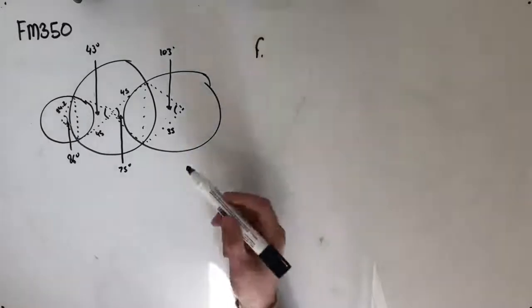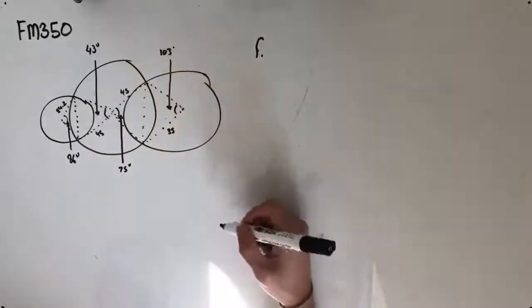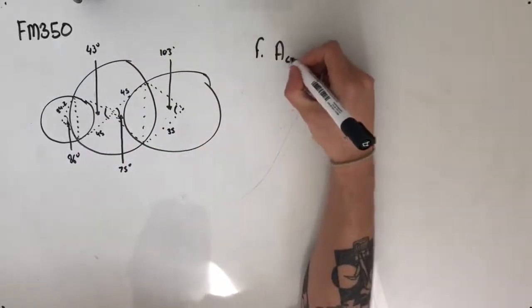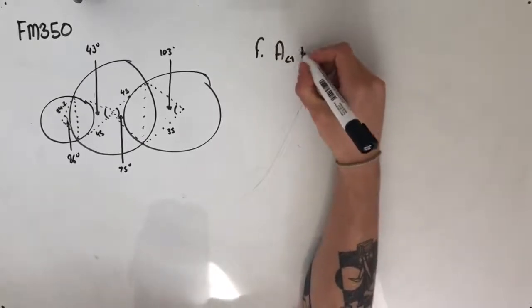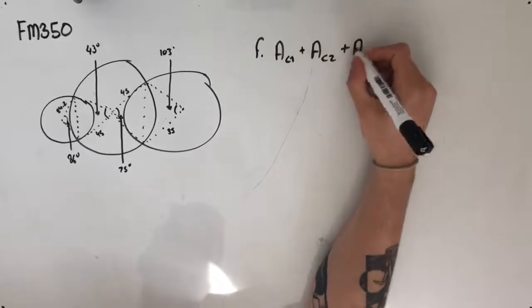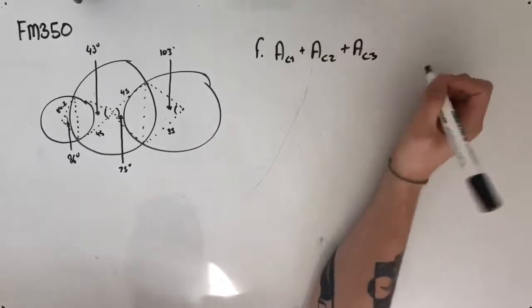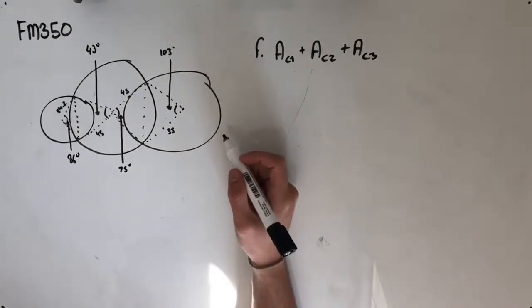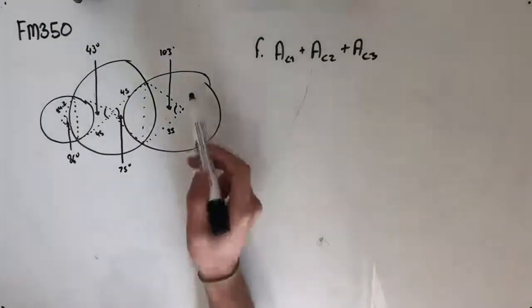So in order to find the area of this Venn diagram, we're going to have to take the area of circle 1, add that to the area of circle 2, and then add that to the area of circle 3. It doesn't matter which of these circles is which, as long as we say 1, 2, 3.